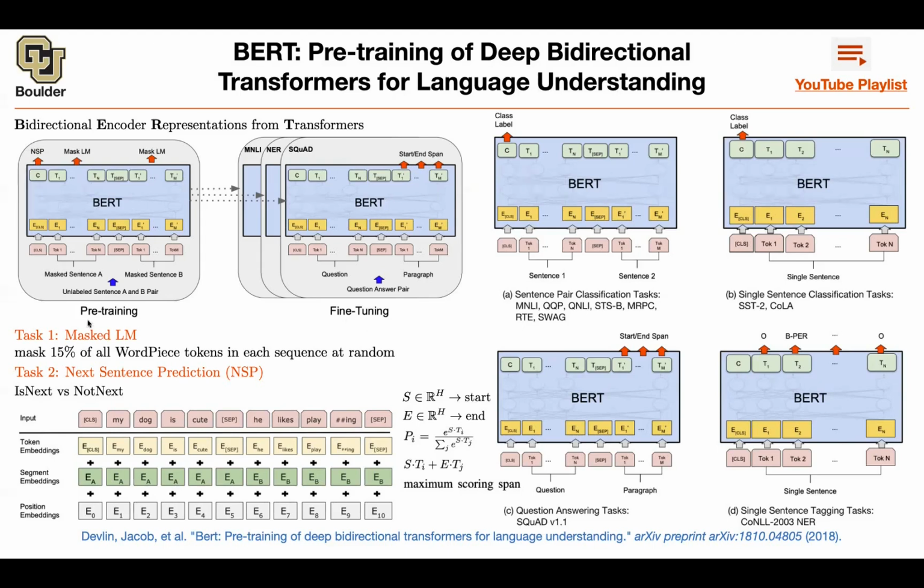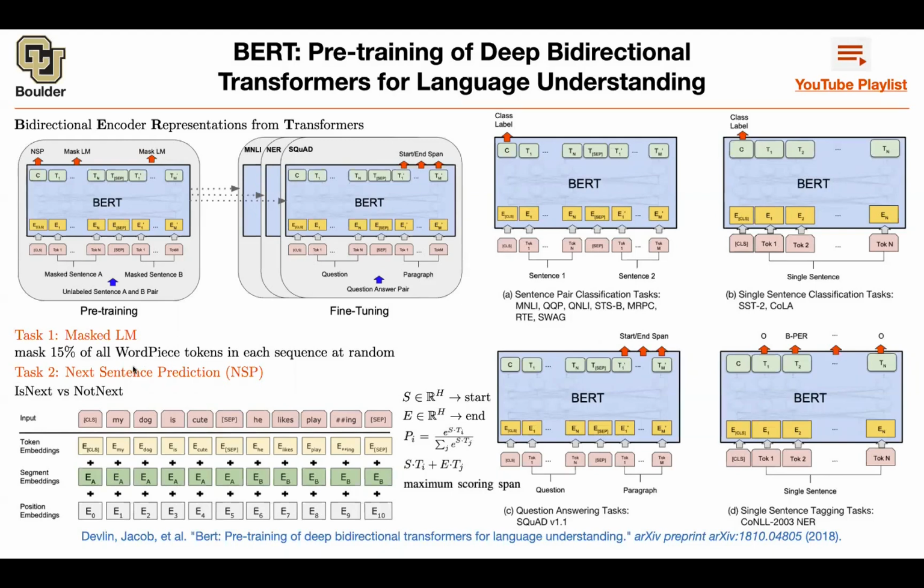What is BERT doing? Let's focus on the pre-training stage. Unlike the task of predicting the next word, you are going to take the entire sequence as an input. You are going to add noise to it. It means that you're going to mask 15% of your word pieces. And we know what a word piece is. It's a generalization of byte pair encoding. You're using a different merging strategy to merge your subwords.